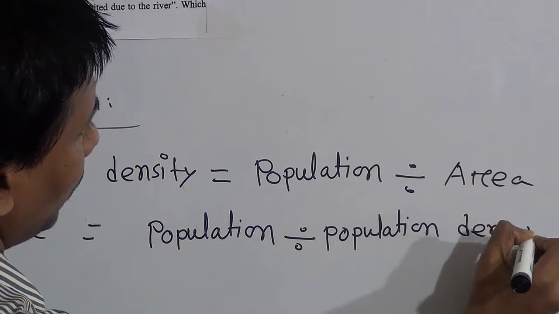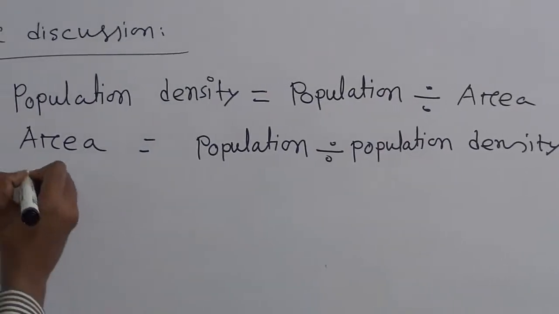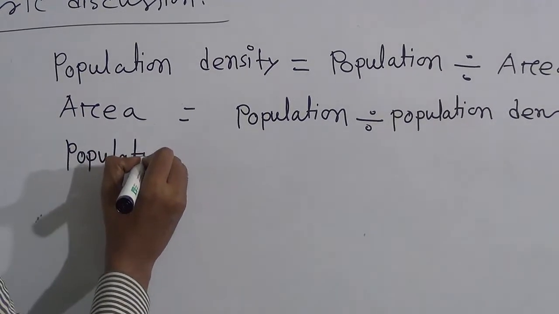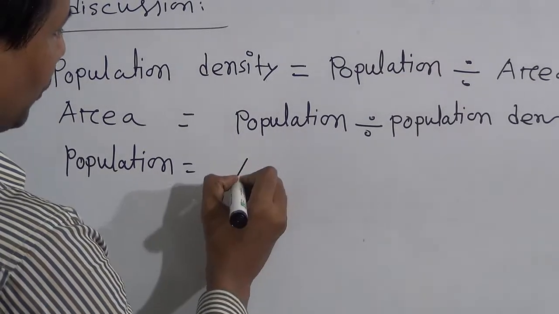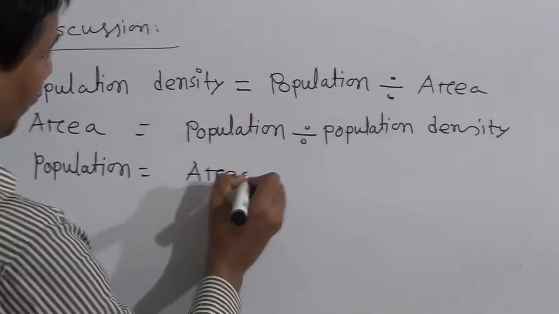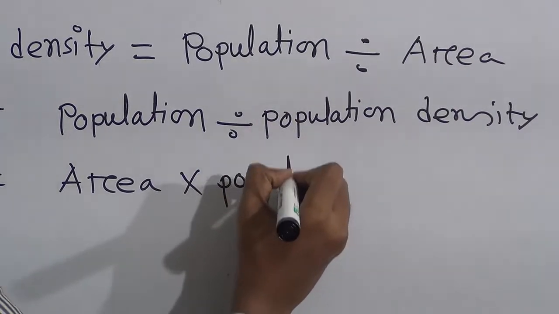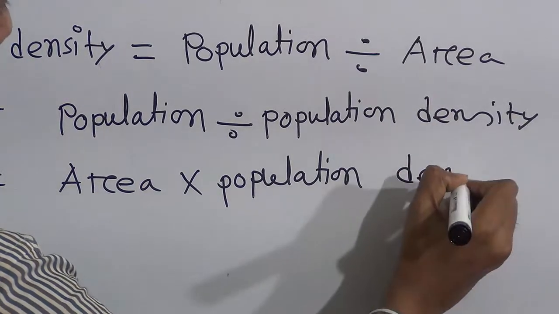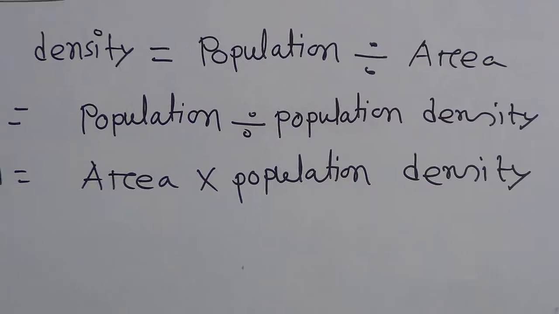And population equals area times population density. Okay, you have to memorize these formulas.